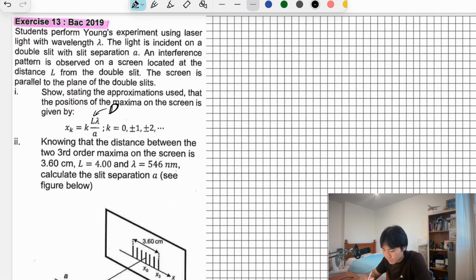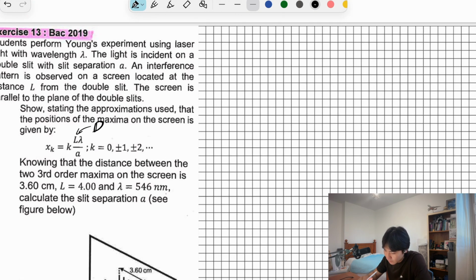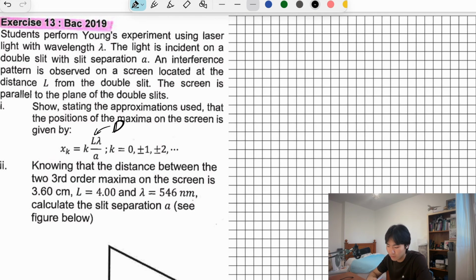If you want, you can pause the video now, try to solve it yourself, and then compare your results with mine. Assuming that you paused the video and did it, let's continue. We always want to follow the five step approach framework, five steps for success, as my teacher likes to call it.